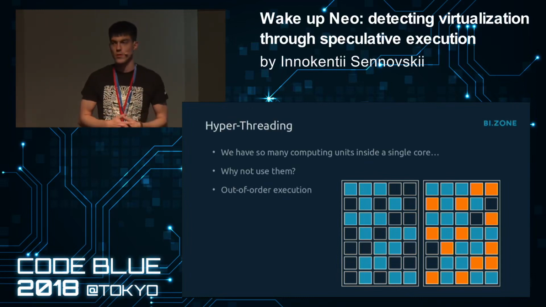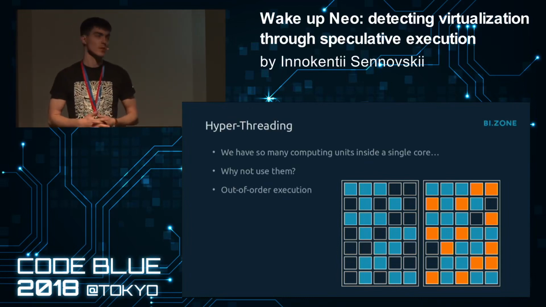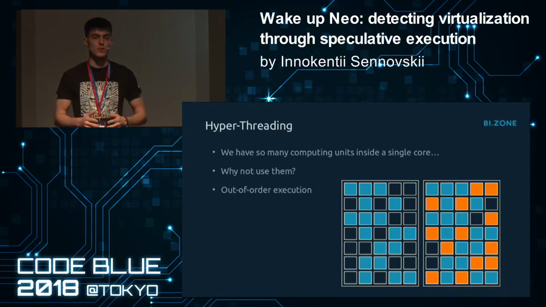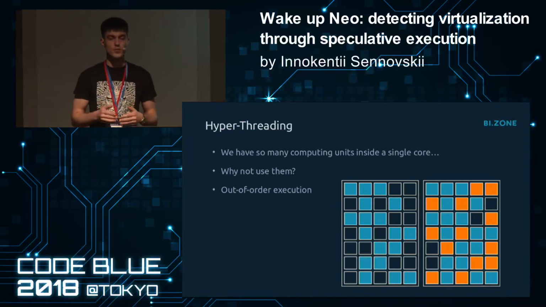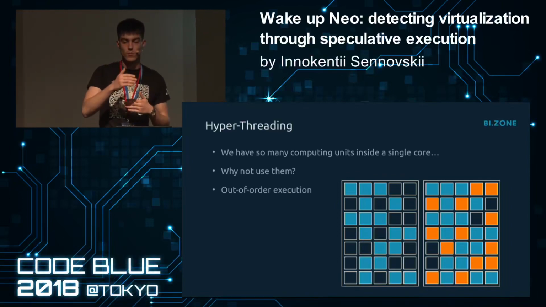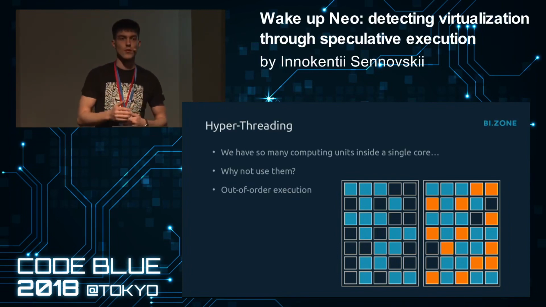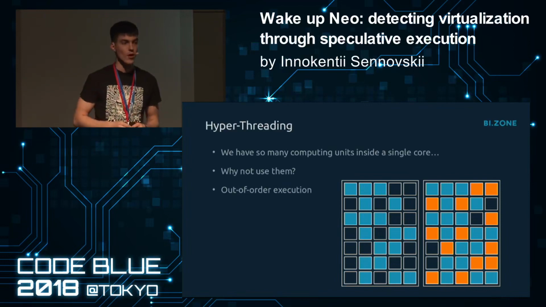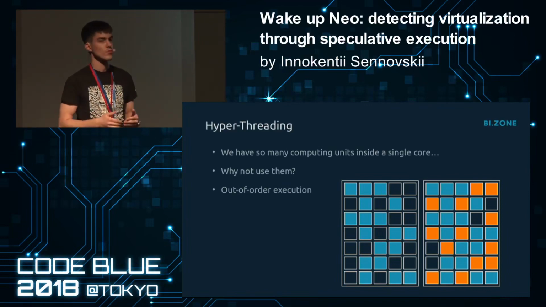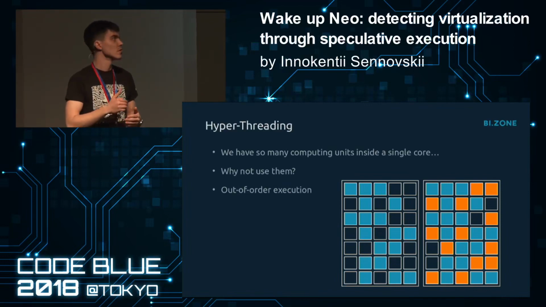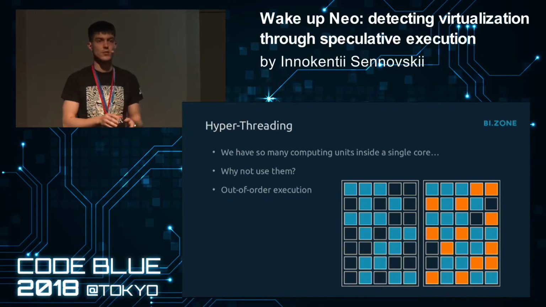The problem with the previous CPUs, for example with Pentiums, was that there was a strong ordering of instructions that the CPU executed. So if an instruction was going after a certain instruction, it had to be executed in that particular order.